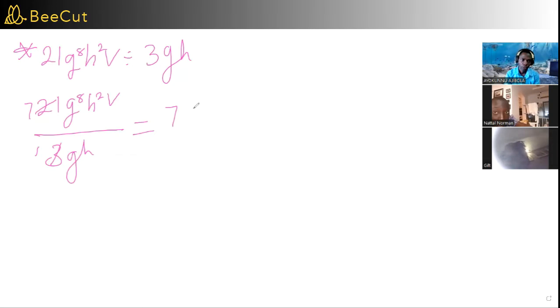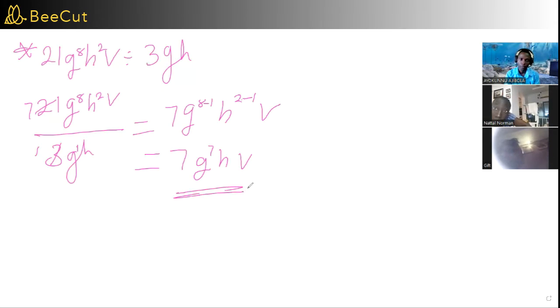Then g: when you pick the 2 g's, the power of g below is 1, and the power above is 8, so that is 8 minus 1. Then h squared, the power below is 1. Because we are dividing, you also say minus 1. But v doesn't have anything below, so it remains. Finally we say 7g raised to power 7, h raised to power 1, v raised to power 1, but we don't put power 1 there.